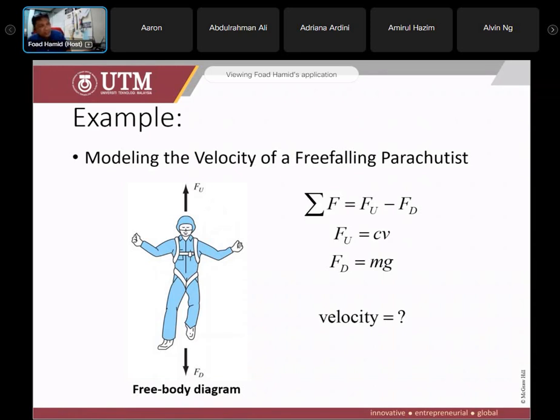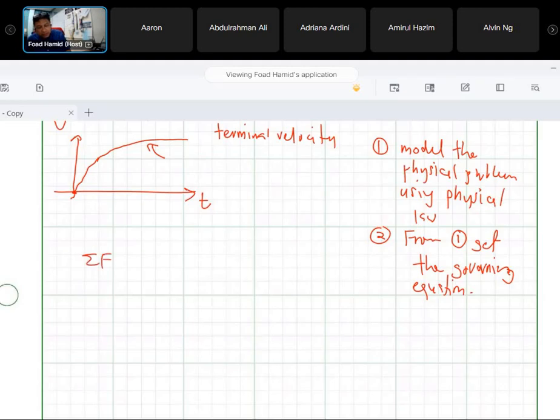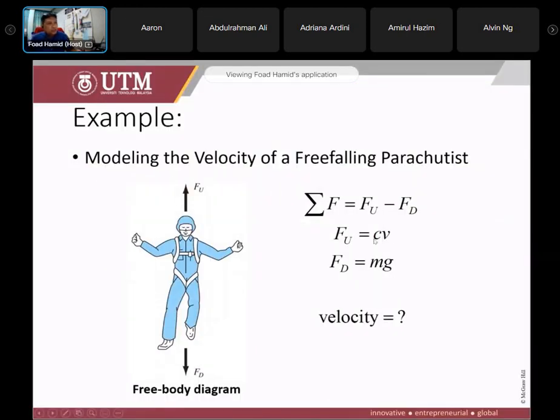Remember that this is a dynamic problem, right? So we say that summation of forces must equal ma. And the summation of forces is CV going upward, and mg going downward. That's the summation of force.